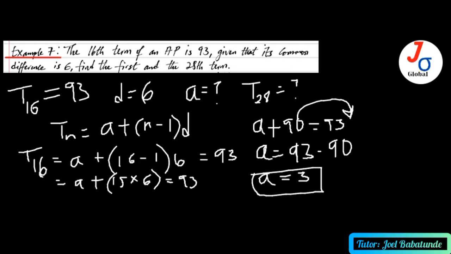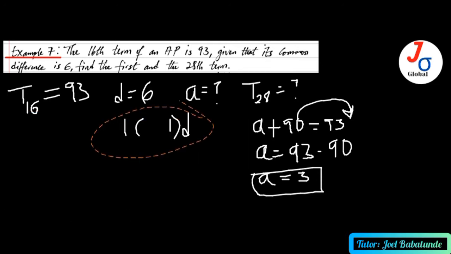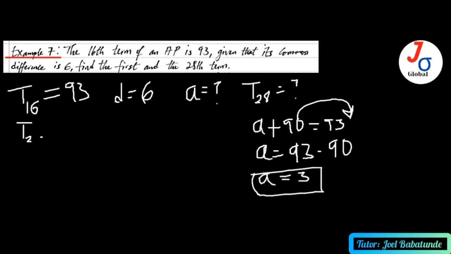Congratulations, we now have to find our T28, the 28th term. Remember the general formula is A, which is now 3, plus (n minus 1) D. Our n in this case is 28, so 28 minus 1, D. What's our D in this case? 6.